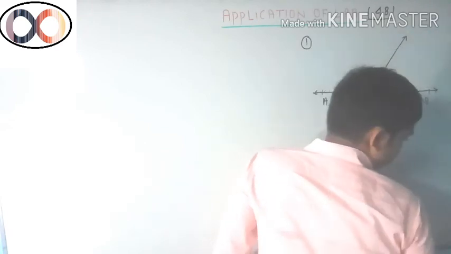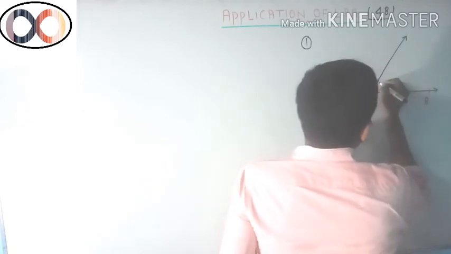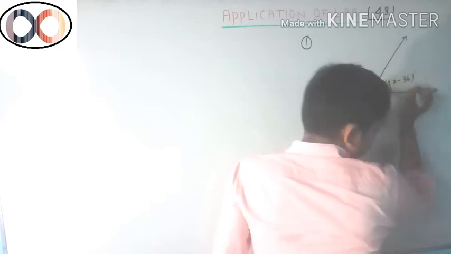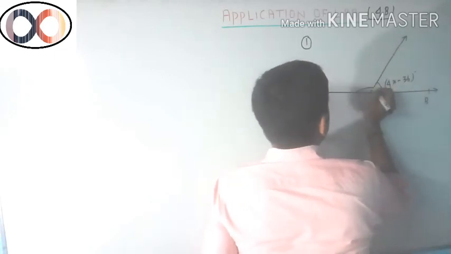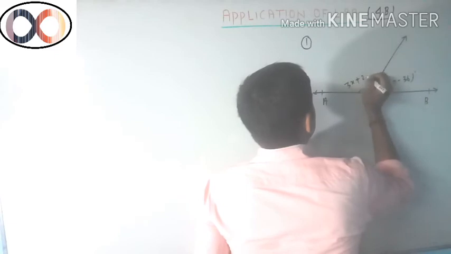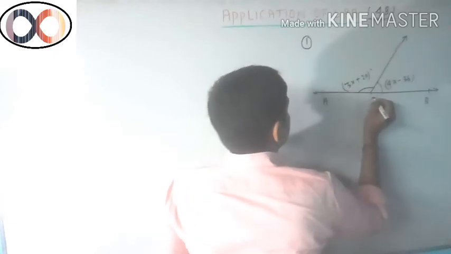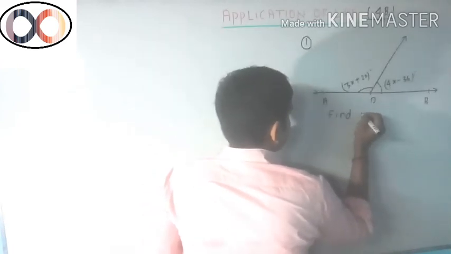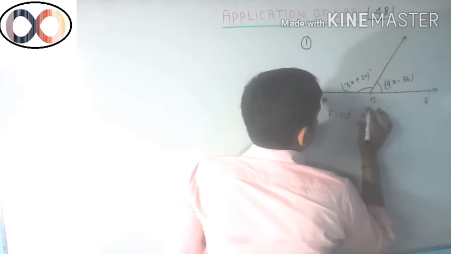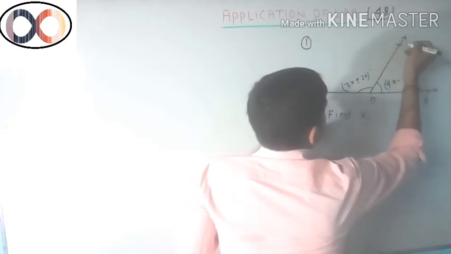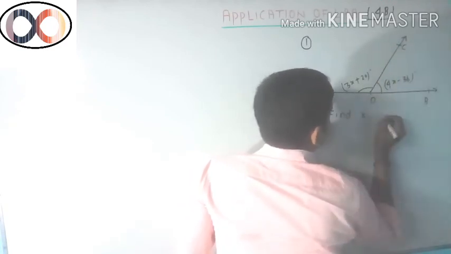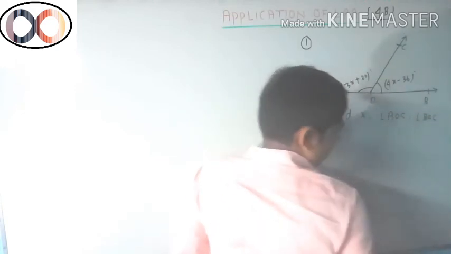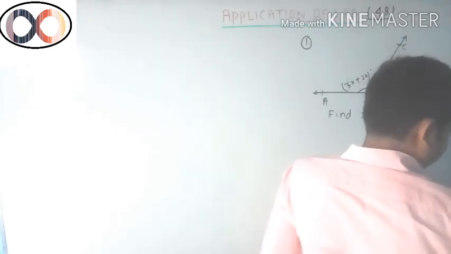The angles are 4x minus 36 degrees and 3x plus 20 degrees. First find x, next find AOC, next find BOC.